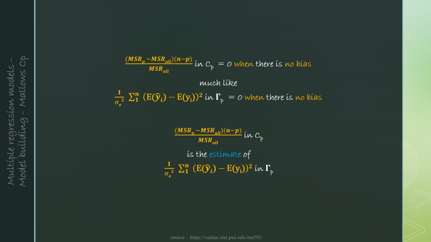That implies MSRp minus MSR all multiplied by n minus p divided by MSR all in Cp is an estimate of 1 divided by sigma e square multiplied by sigma 1 to n (estimated yi hat minus estimated yi) the whole square in gamma p.